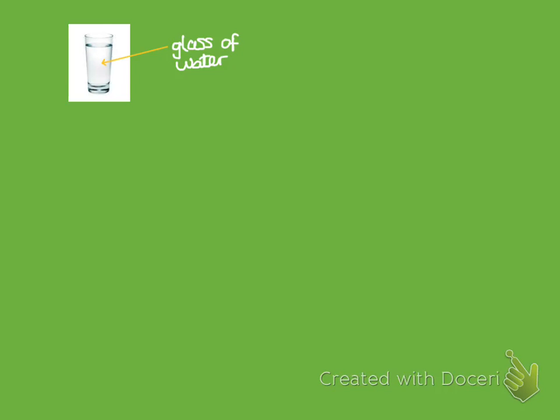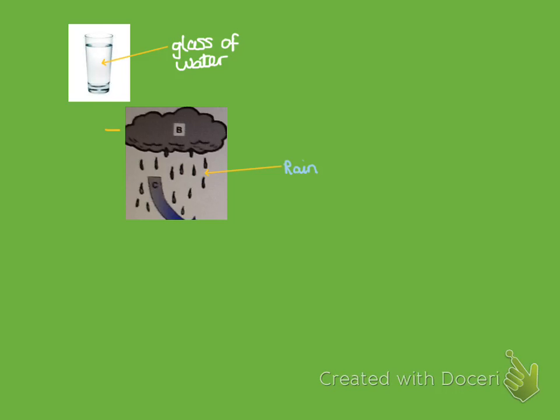The water in your glass may have fallen from the sky as rain just last week, but the water itself has been around pretty much as long as the earth has.